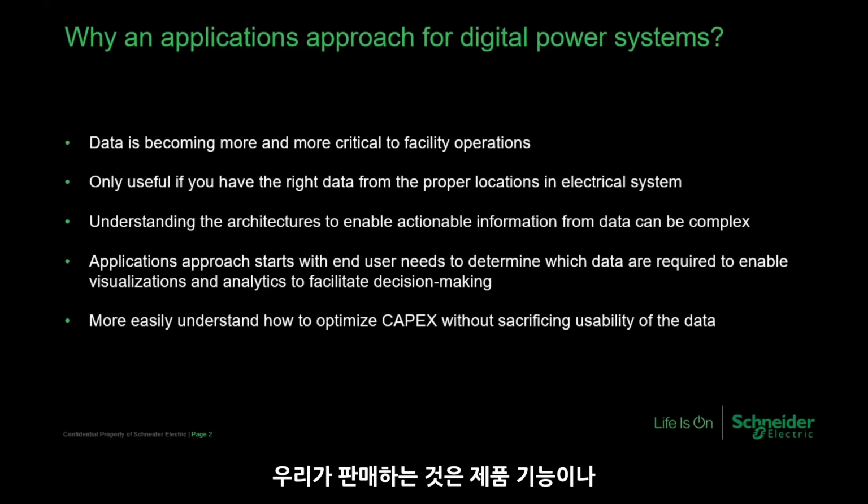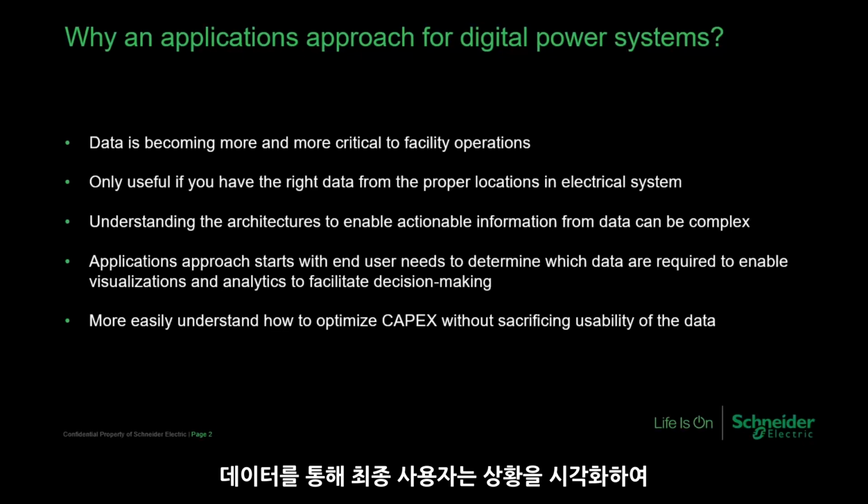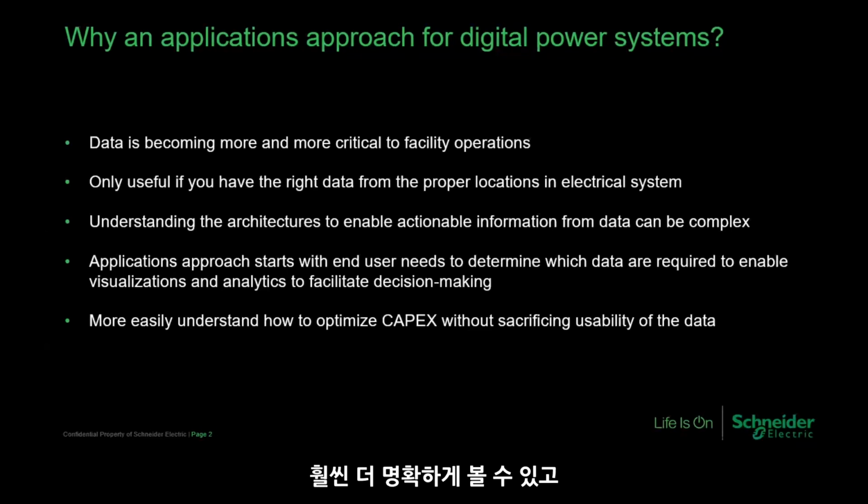We are not so much selling a product feature or a software feature. What we are eventually selling is the applications, and what these applications bring is the value proposition to the end user. This data eventually allows the end user to visualize and look at things much more simply, and provides some analytics to facilitate decision making.